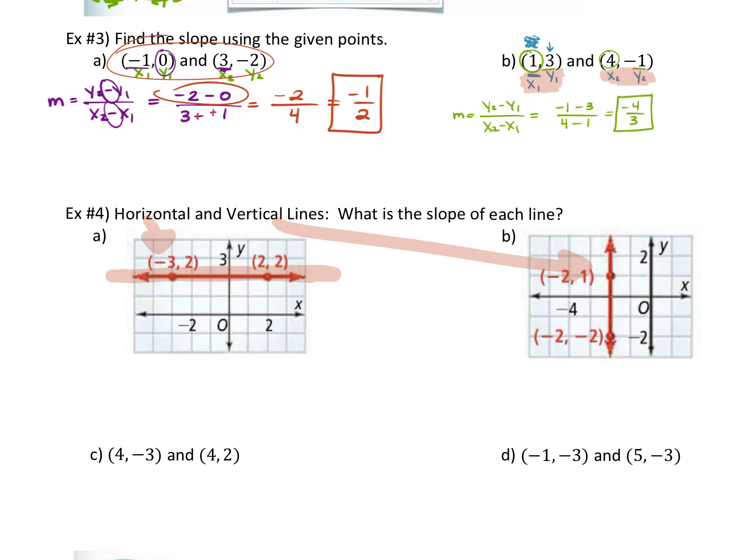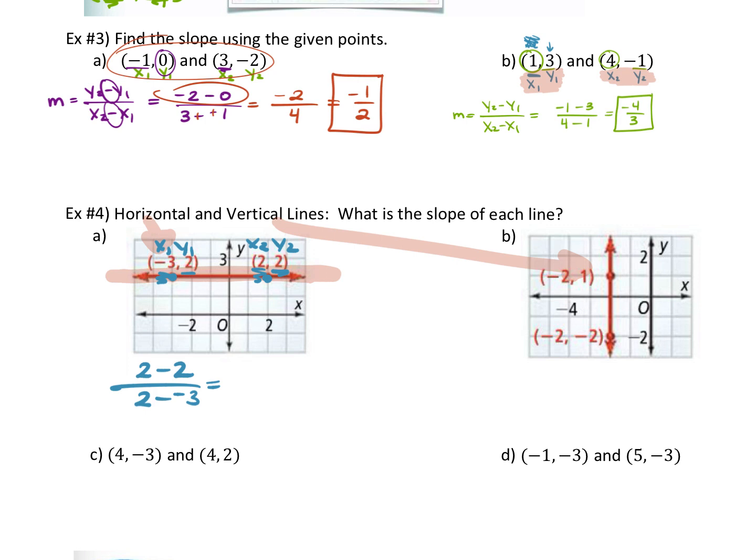So if we're using the idea of slope, and we want to know the slope of a horizontal line, you have a couple options. You could use the points that we have there and plug it into the slope formula. So if I call this x1, y1 and x2, y2, it would be y2, which is 2, minus y1, which is 2, over x2, which is 2, too many 2's in this problem, minus your x1, which is a negative 3.